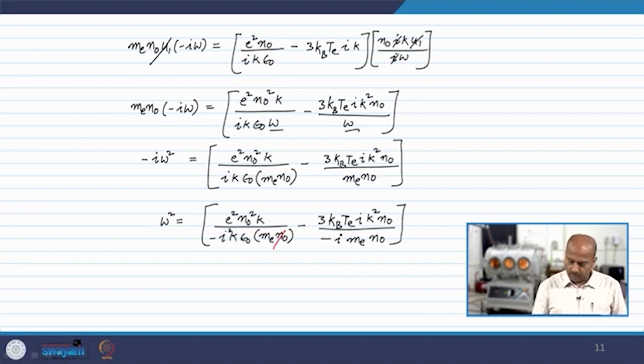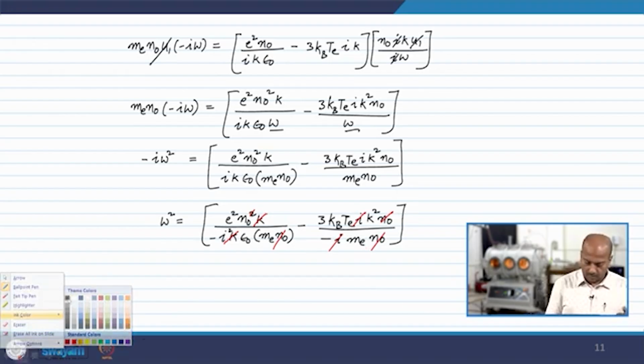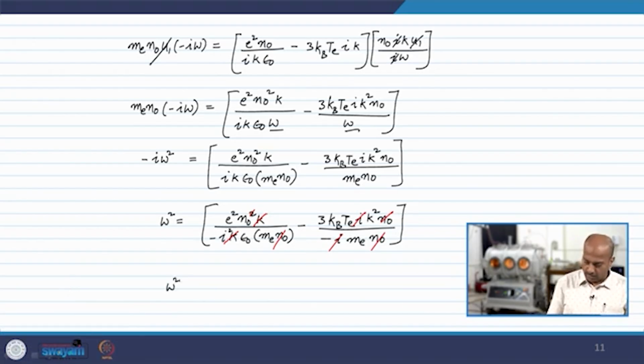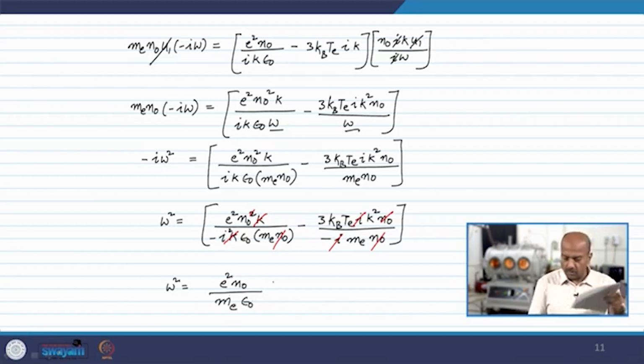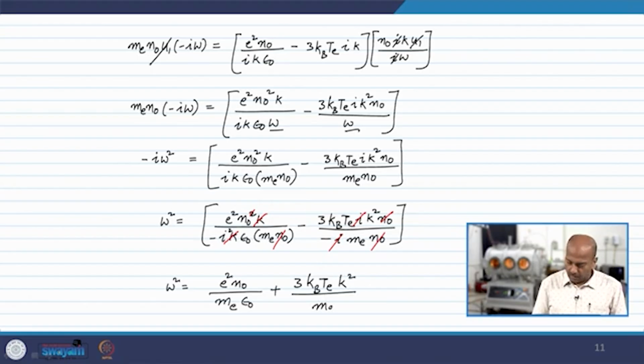So, all these things will be cancelled, and omega square can now be written as e square n naught by m_e epsilon naught plus 3 k_B T_e, this minus becomes plus, k square divided by m_e.